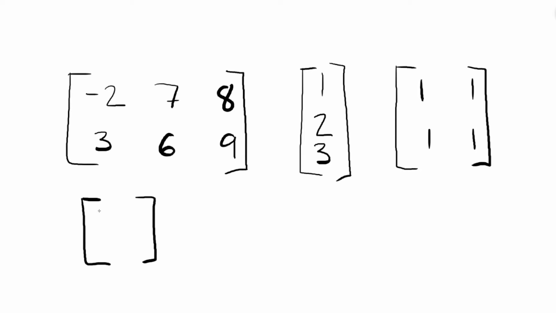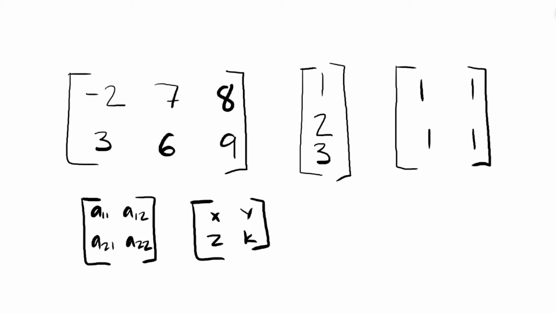Like we could have A11, A12, A21, A22. And there is a specific reason why I chose to write 1, 1, 1, 2, 2, 1, 2, 2. I could just easily have written, let's say, X, Y, Z, and K, letters.